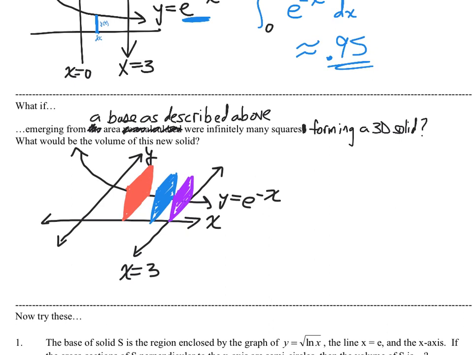And yet another person, I'll get rid of the white and go with the orange, may have gone all the way to the end and drawn theirs here. Now I'm only going to ask you to draw one cross section, so you don't have to worry about that. But I'm just trying to give you a sense of what we're up against here.